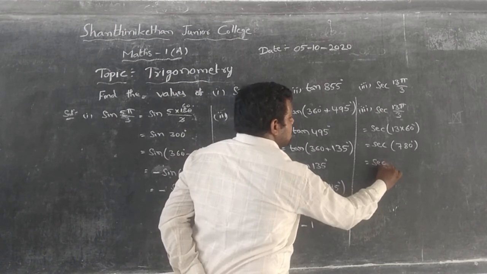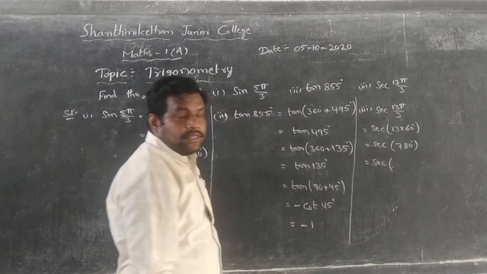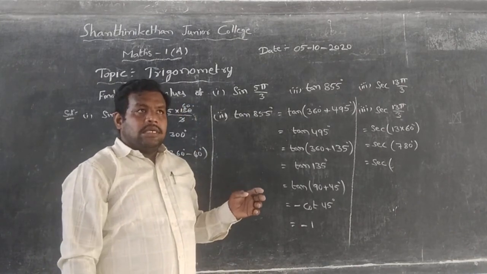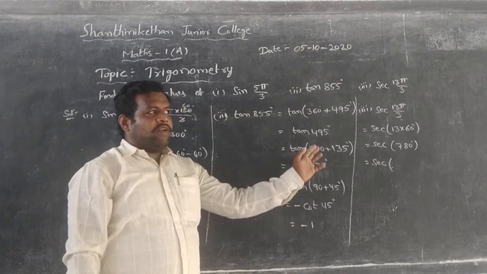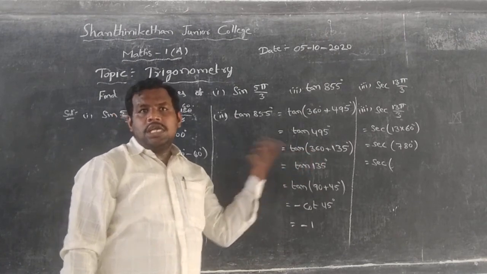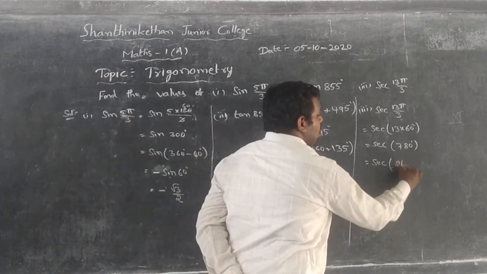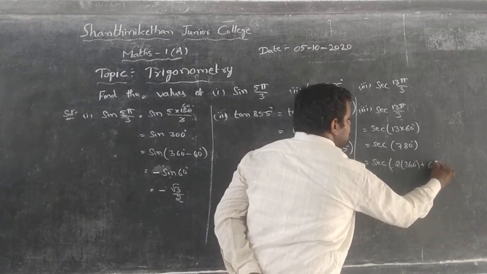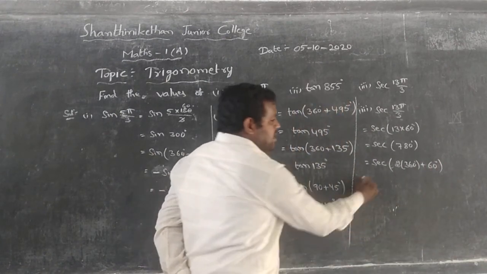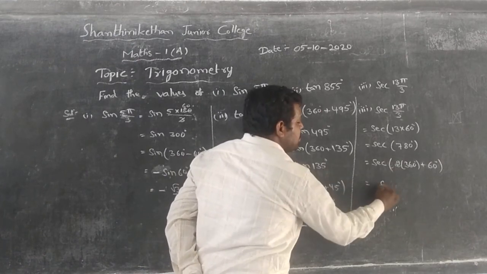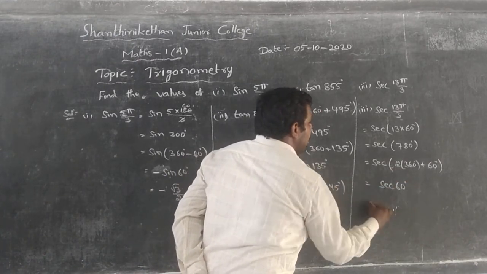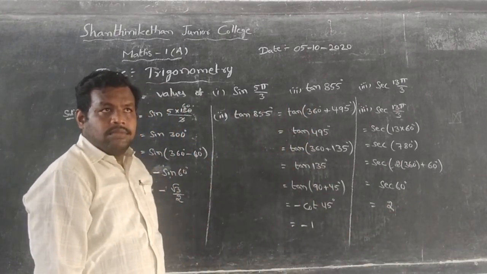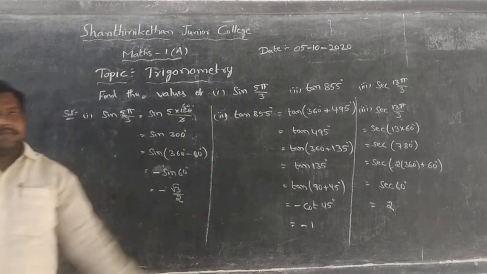Secant 780. 780 can be written with the highest related angle 360 plus. Again the angle is rotated anti-clockwise, totally 360 plus 360, 720. So 720 plus 60. 360 plus is in the first quadrant, secant 60. What is the value of secant 60? 2. Everyone knows this one.